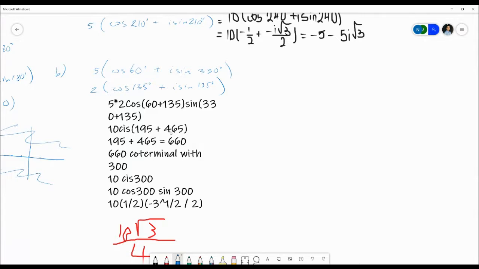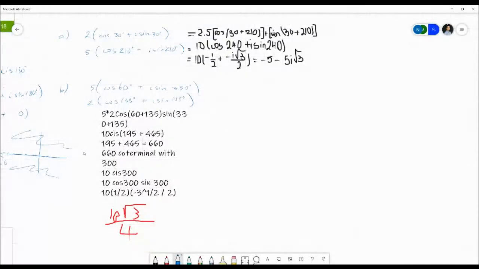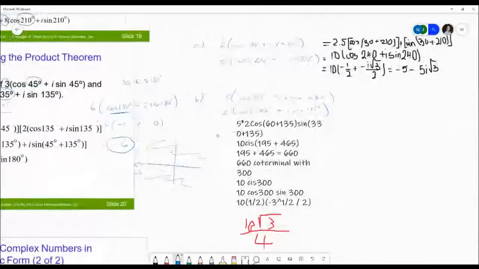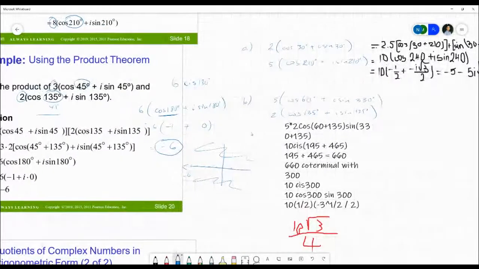Weren't we adding the 60 to the 135, and then the 330 to the 135? Oh no, yeah, I understand what was going on there. Oh, that's not supposed to be like that. I did not realize. They're supposed to both be 60.